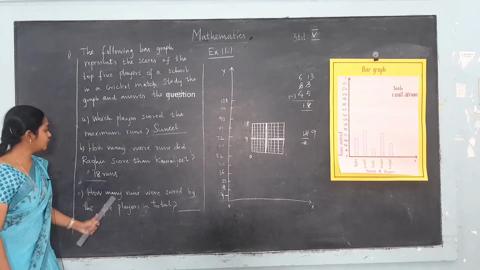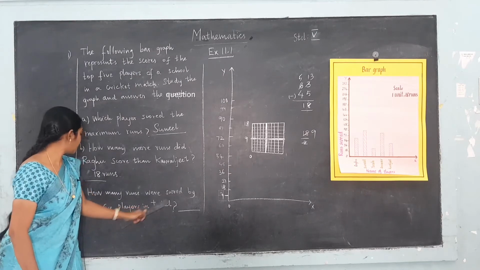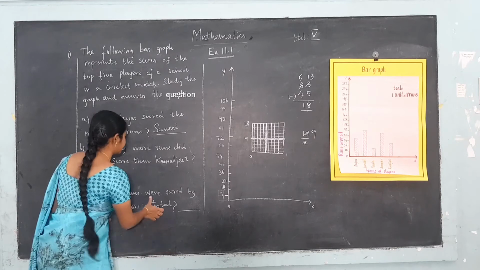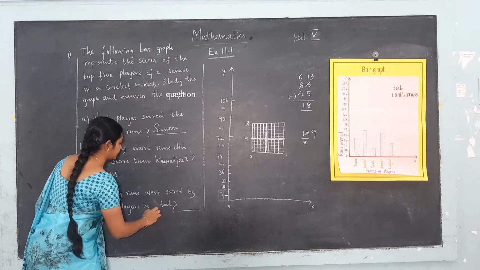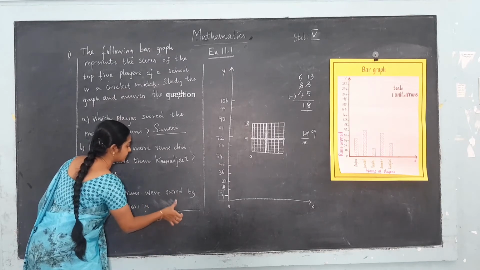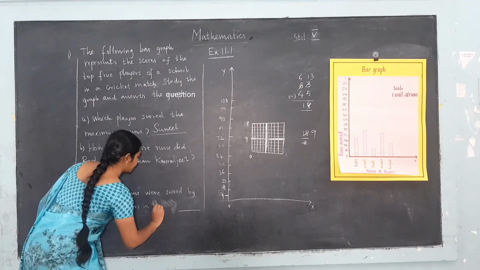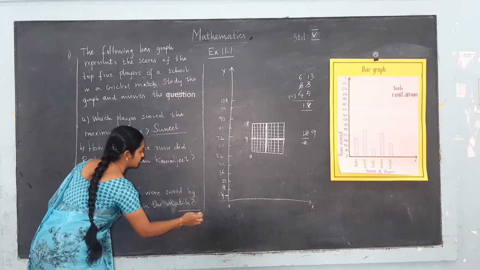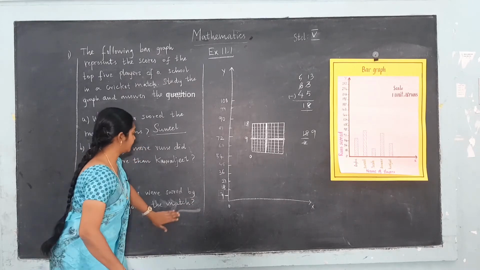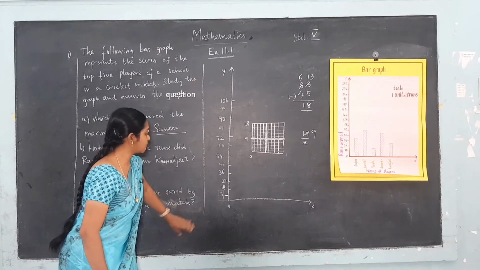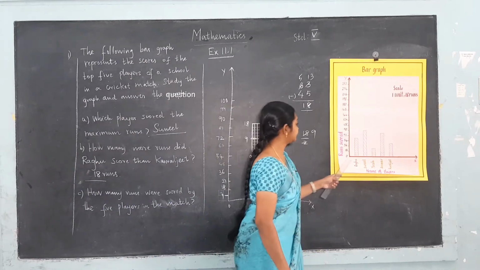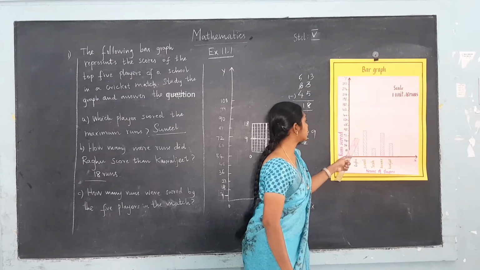Next, how many runs were scored by the 5 players in the match? We have to find the runs scored by all the players. First, Raghu's score is 63.